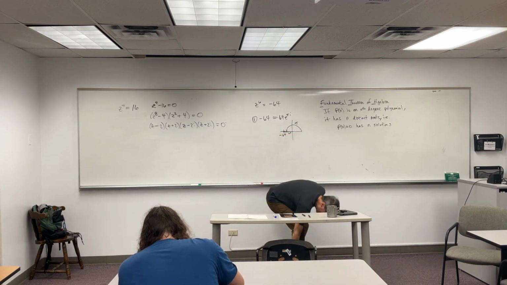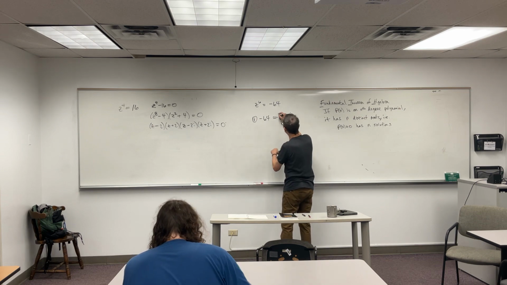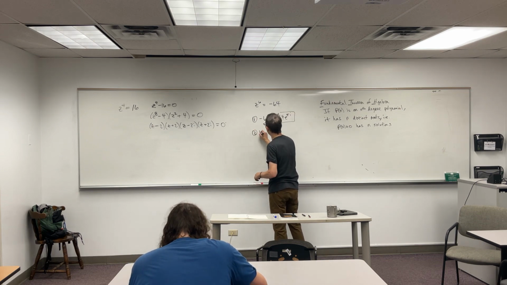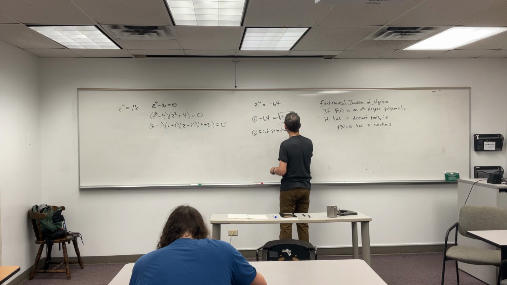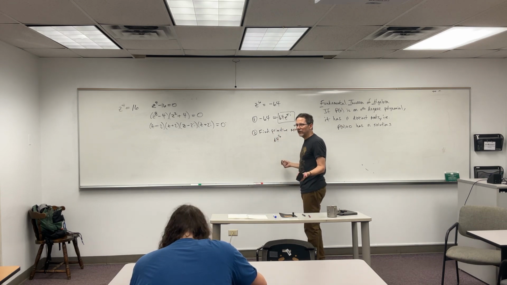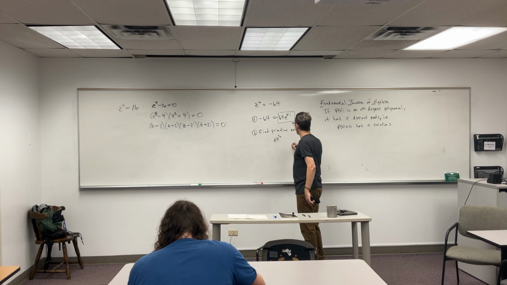The primitive root is easy to get once I've got this. Step 2 is find the primitive root. The primitive root is just going to be 64 to the 1/6, and then e to the what angle?